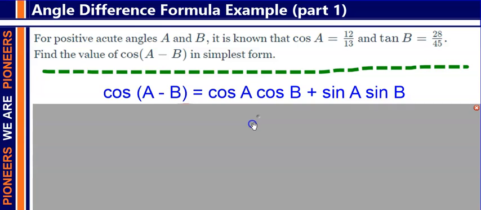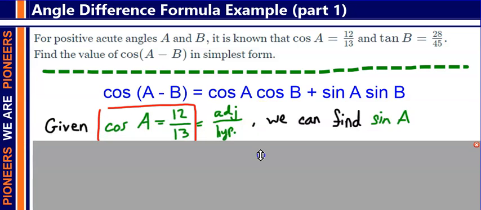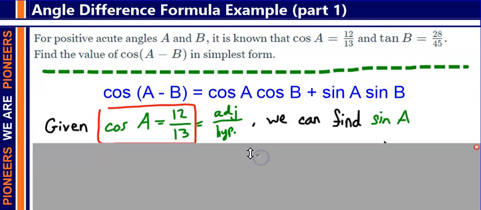So first thing you always want to do is establish which formula we're using. So here's the formula: cosine A cosine B plus sine A times sine B. It's probably easier for this part to focus primarily on just the cosine A given to us, which was 12 over 13. And again, remember that's the same as adjacent over hypotenuse.